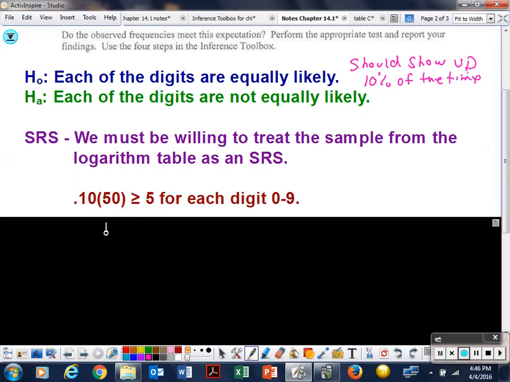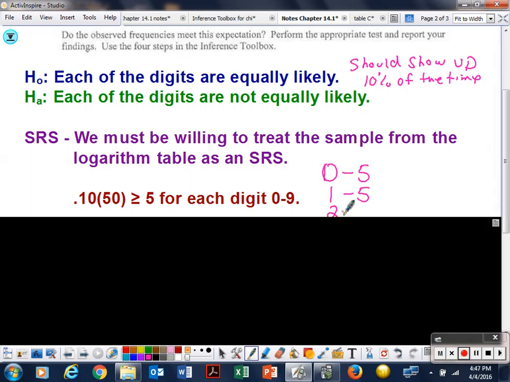Well, 0.10 times 50 is 5. So our expected counts: for the number 0, we expect it to show up 5 times. The digit 1, we expect it to show up 5 times.